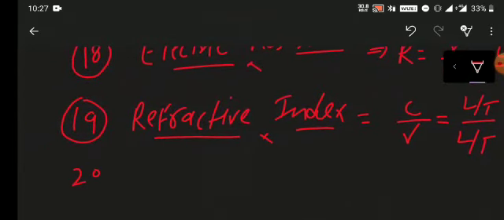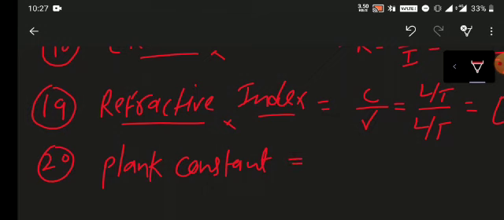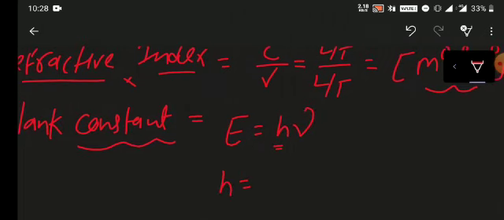Now the next one is a very important term known as the Planck constant. You have to remember this dimension, because it is very important from the exam point of view. Planck constant is determined by E equal to h mu, where h is the Planck constant, so h is equal to E upon mu. Mu is a frequency.